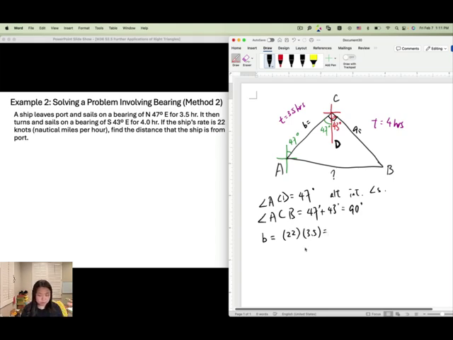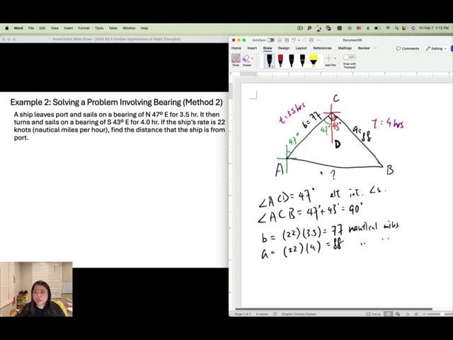That will be 77 nautical miles. I've just put the 77. And then the A here, do the same thing. The speed is 22 times 4 hours. So that'll be 88. Same unit, so 88 here.